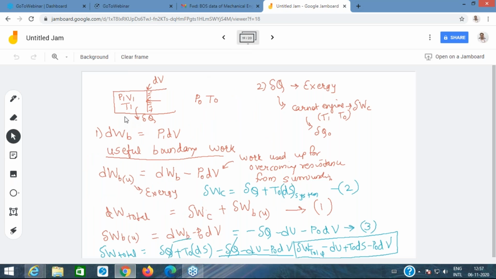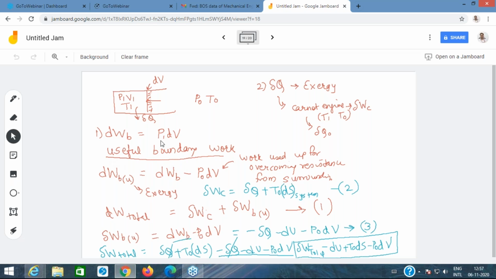Then we said that the closed system also interacts with the surroundings by work transfer, and because it is a closed system, you cannot have flow work; it would be only the boundary work. But the boundary work should not be confused with the useful boundary work, because what contributes to the actual work potential is the useful boundary work.